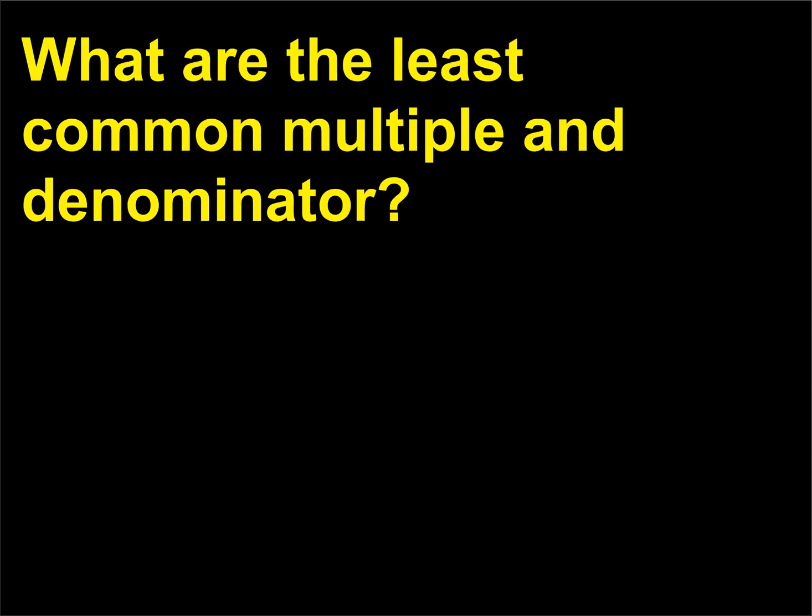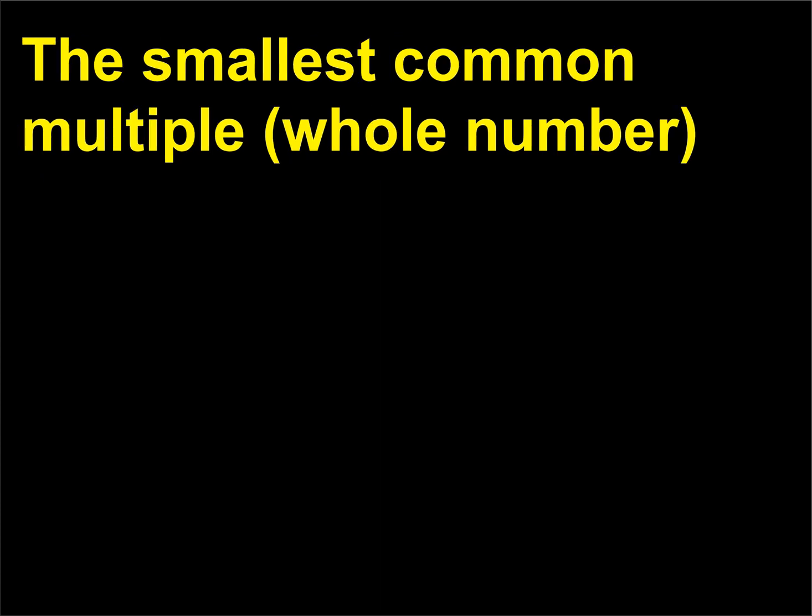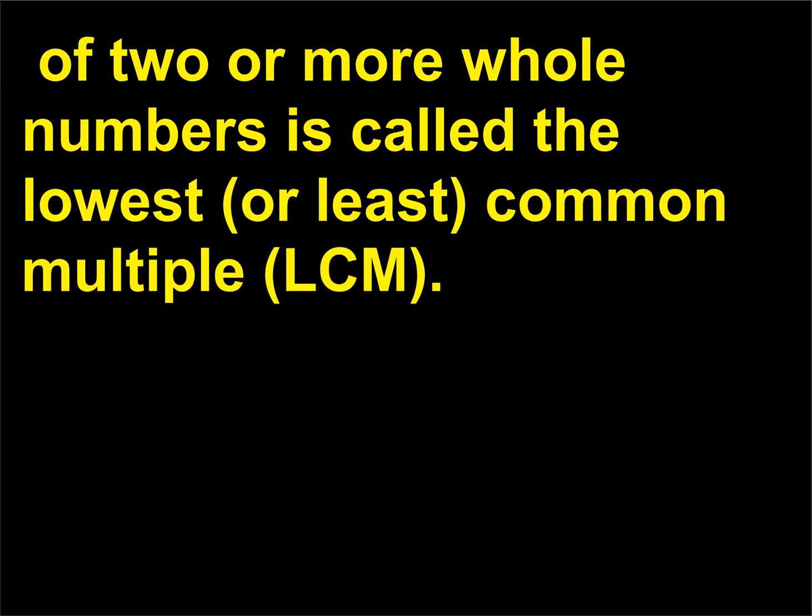What are the least common multiple and denominator? The smallest common multiple, a whole number, of 2 or more whole numbers is called the lowest, or least, common multiple, LCM.